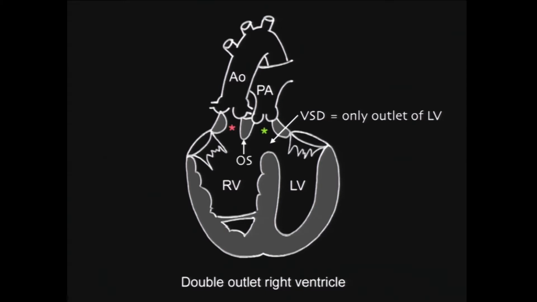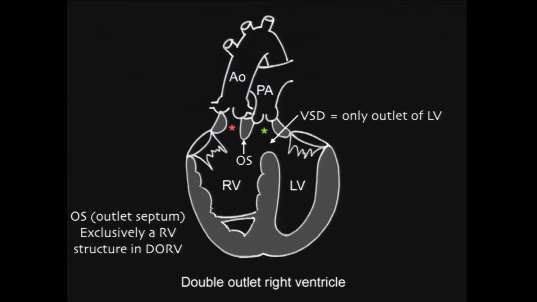And the right ventricle has two outlets, the subaortic outflow tract and the pulmonary outflow tract. They are divided by the outlet septum. Normally, the outlet septum is an interventricular structure. However, in double outlet right ventricle, the outlet septum is exclusively a right ventricular structure.